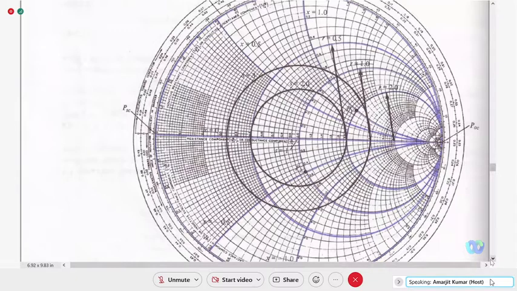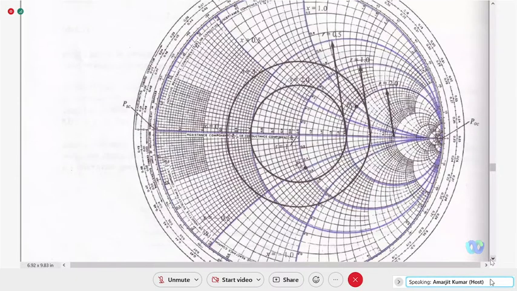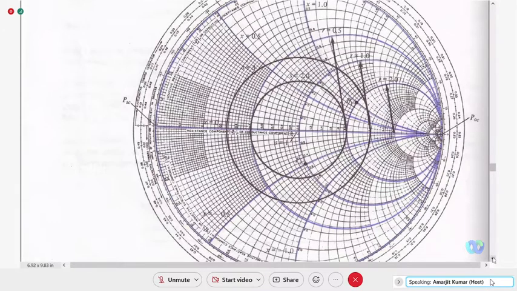So location of the maximum voltage is on this OPOC axis. What about the location of the minimum voltage? That is on the OPSC axis.